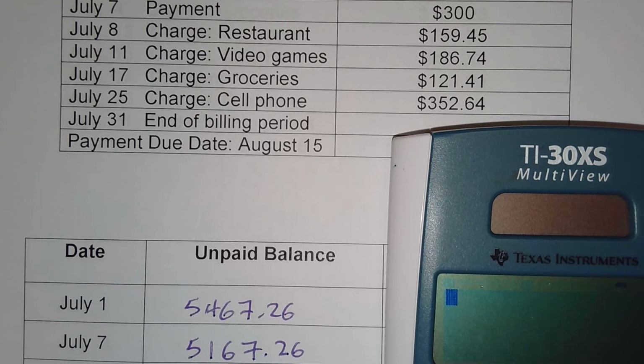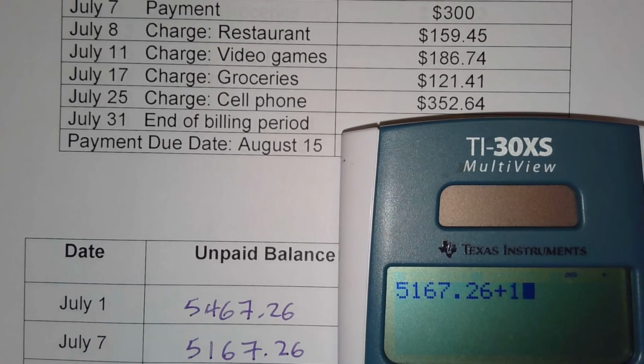And on July 8th, there's a charge. Looks like it's $159.45. And then there's looks like another charge on the 11th for video games.